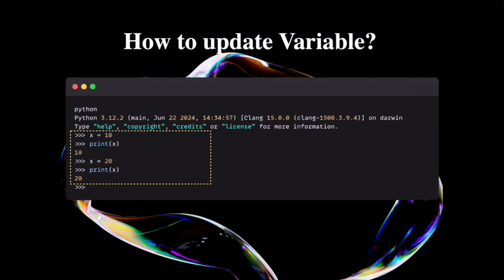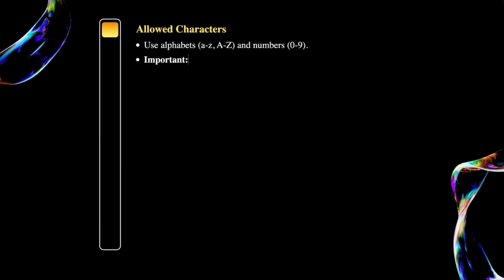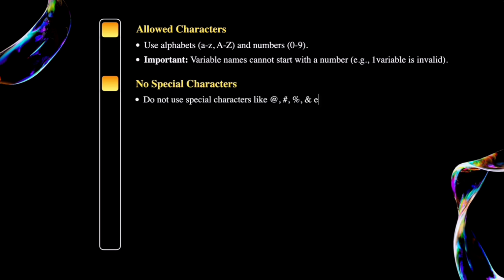Now one more important thing, when creating variables, you need to follow some specific rules, otherwise your code may throw an error. Let's quickly look at those rules. Rule number 1: variable names can only use alphabets A to Z, and numbers 0 to 9, but remember, a variable name cannot start with a number. Rule number 2: special characters like @, #, % cannot be used in variable names.